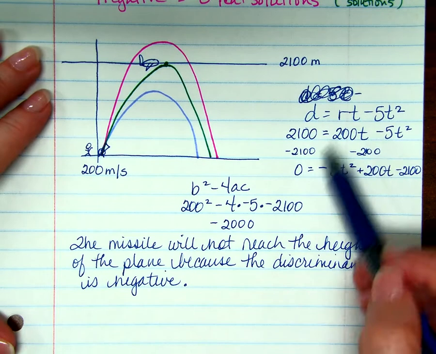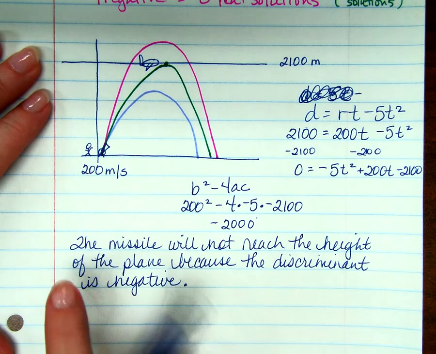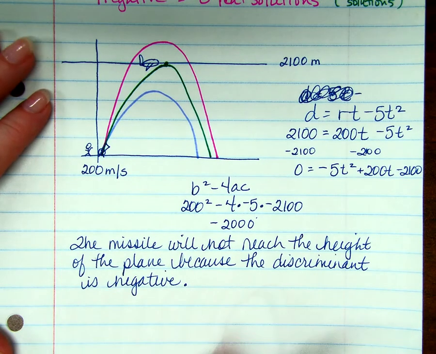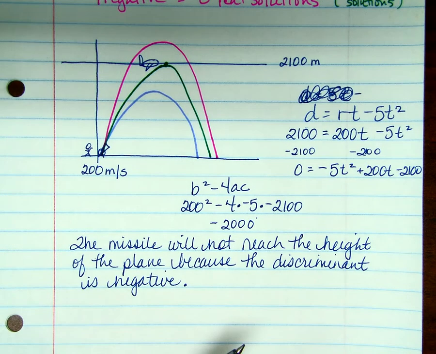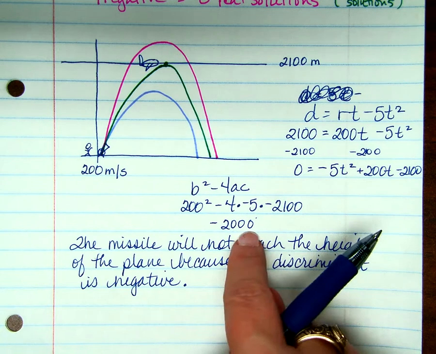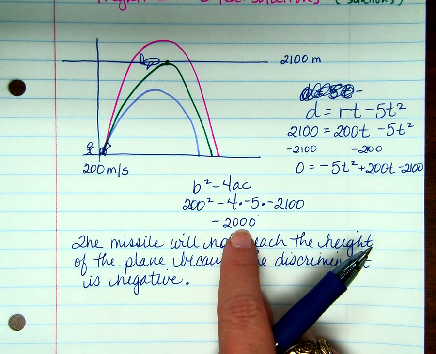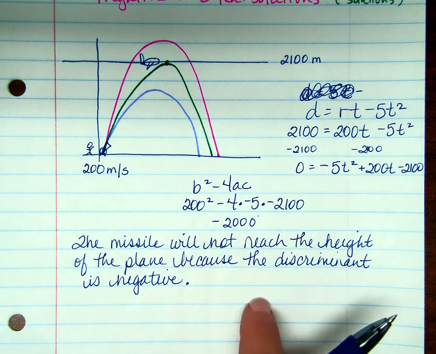This is my work. This is my discriminant. This is my answer. Does that make sense? I show my work by finding my discriminant, but this right here is my answer. This is not my answer. This helps me get my answer. Is everybody clear on that? Okay. Any questions on this?